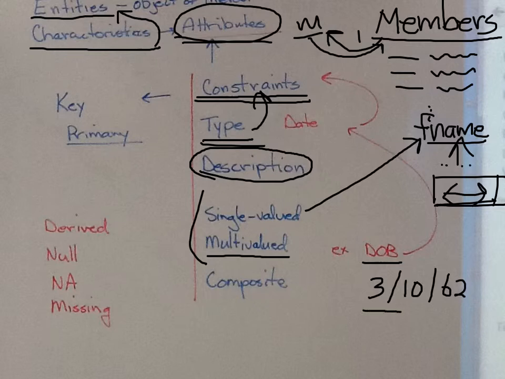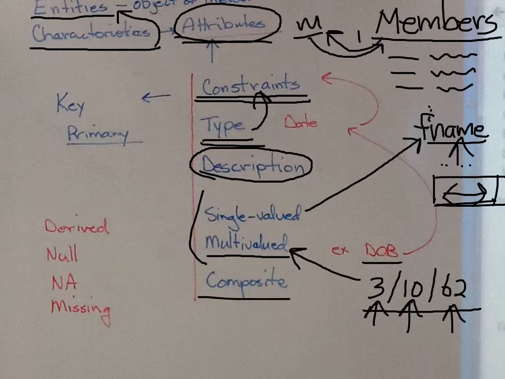Even though you'd like to probably store that in one attribute called birth date or date of birth, it really can be broken into multiple things. We can get the month, the day, and the year. So you can split it up so that could be divided. It's not indivisible, it's divisible. You can divide it up into different parts. So that'd be a great example of a multi-valued attribute.